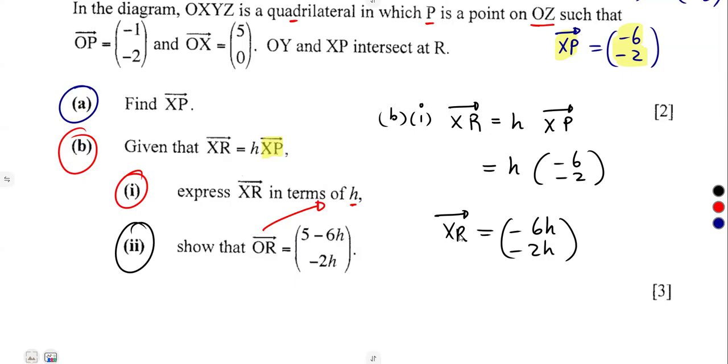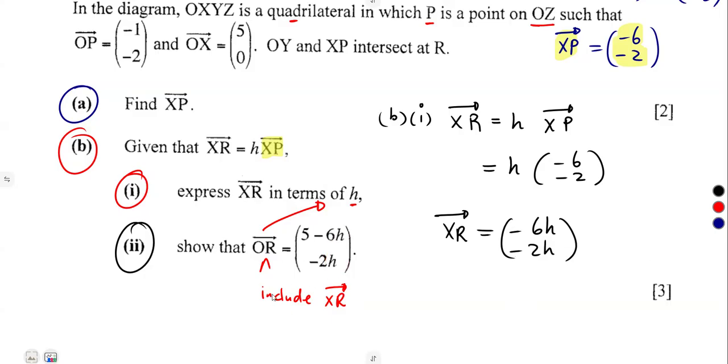So meaning to say, in order for you to find the vector OR, you must include XR in the route. You must include XR as it contains h. Because our answer is needed in terms of h. As you can see, the answer here is in terms of h.